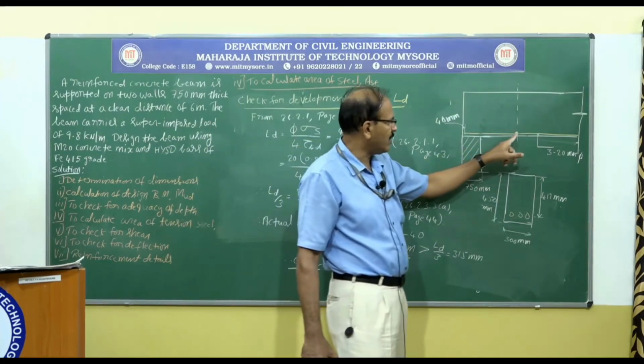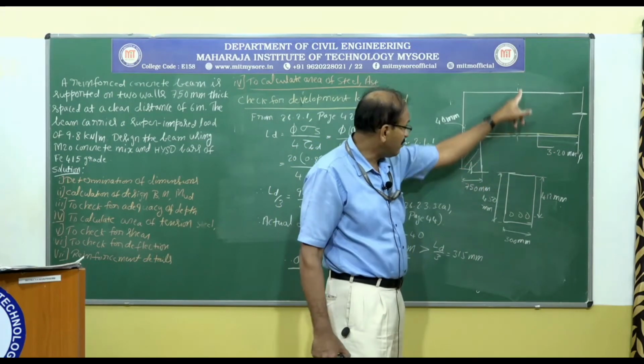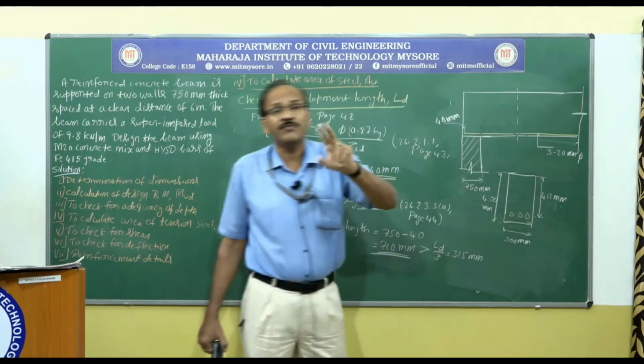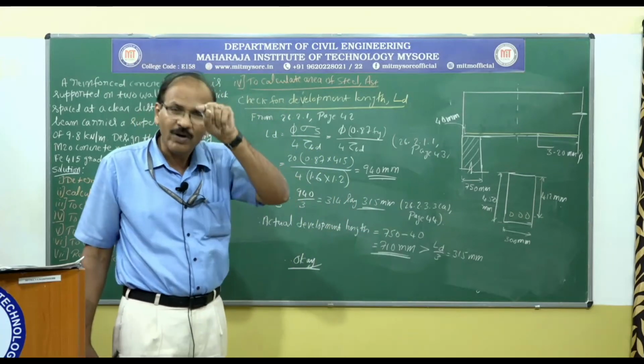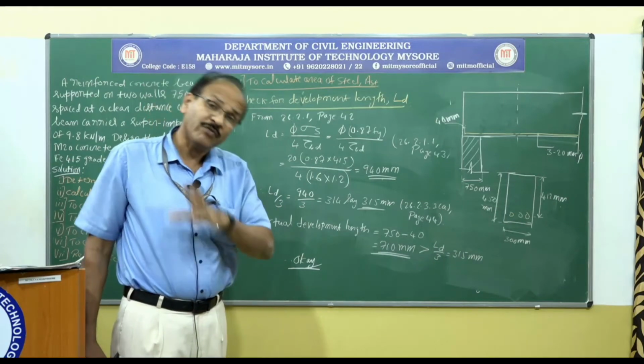However, as per the codal recommendation, that is the theoretical cutoff point. From the theoretical cutoff point, we have to extend the bar for a distance equal to 12 times the diameter of the bar or 1 effective depth, whichever is greater. That's what we did.